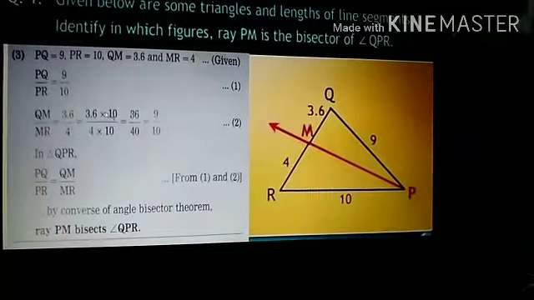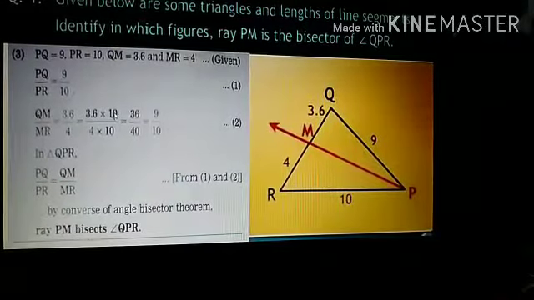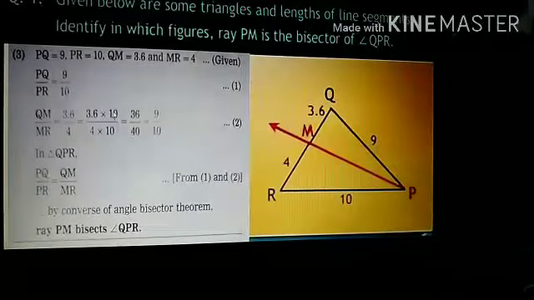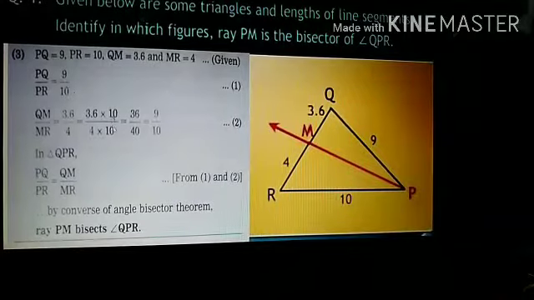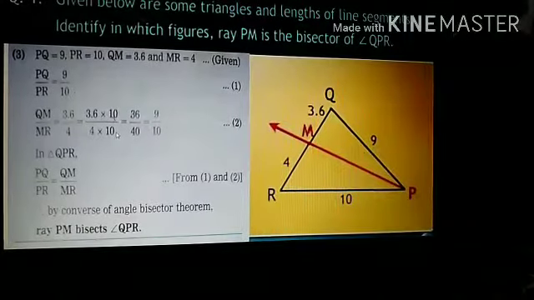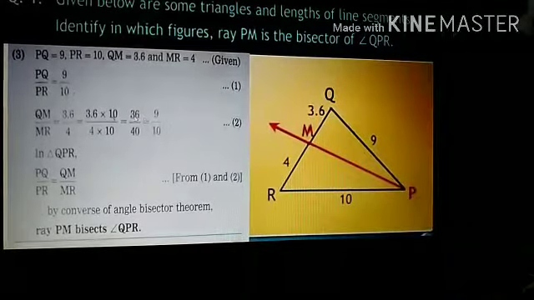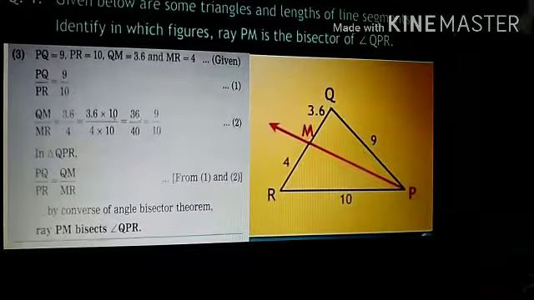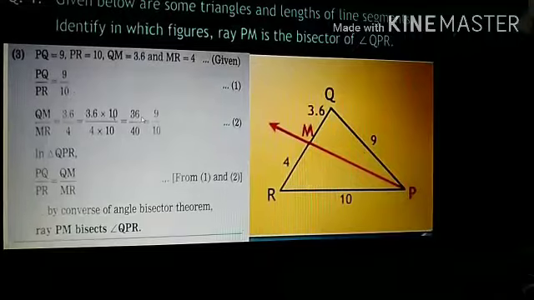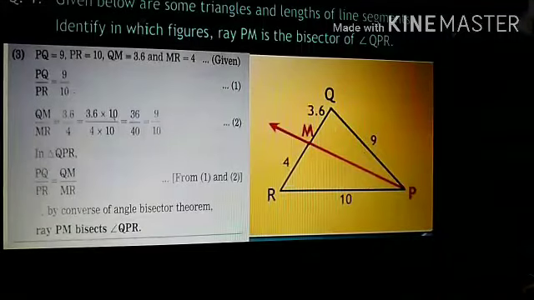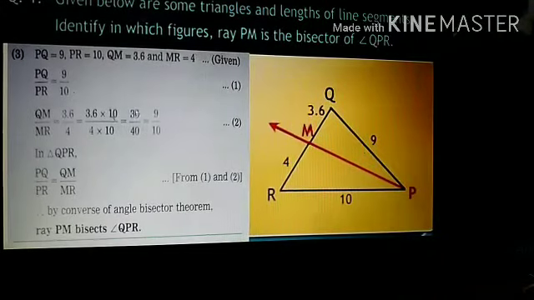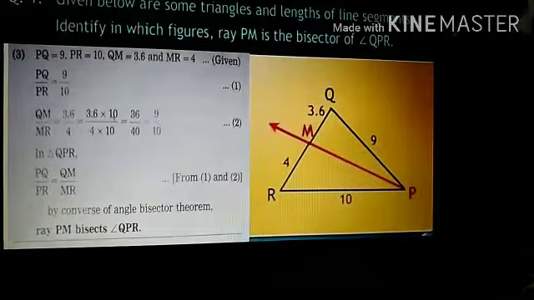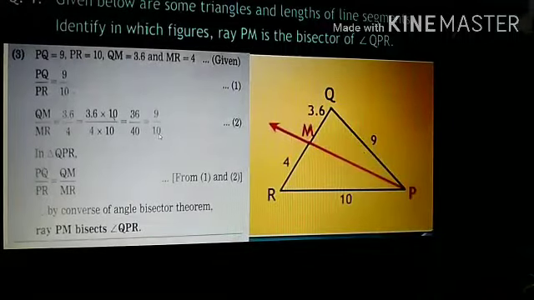To remove the decimal in the numerator, we'll multiply it by 10. As you're multiplying it by 10 in the numerator, 10 is also multiplied in the denominator. So the numerator is 36 and the denominator is 40. Both the numbers are divisible by 4 table, so we'll divide the numerator and denominator by 4. 36 divided by 4, the answer is 9. 40 divided by 4, the answer is 10.